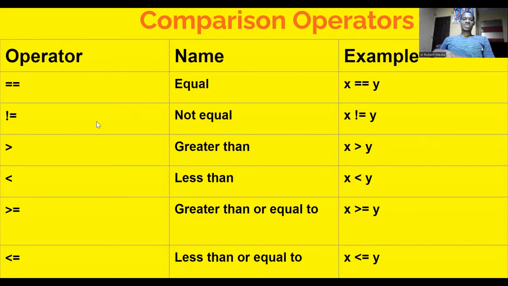This is supposed to return a true value if they are not equal, and a false value if it is the other way around. Now there's the greater than, the less than, then the greater than or equal to. That checks if, like, you have x equals 3 and y equals 4. If you say x is greater than or equal to y, it will be false because x is less than y.